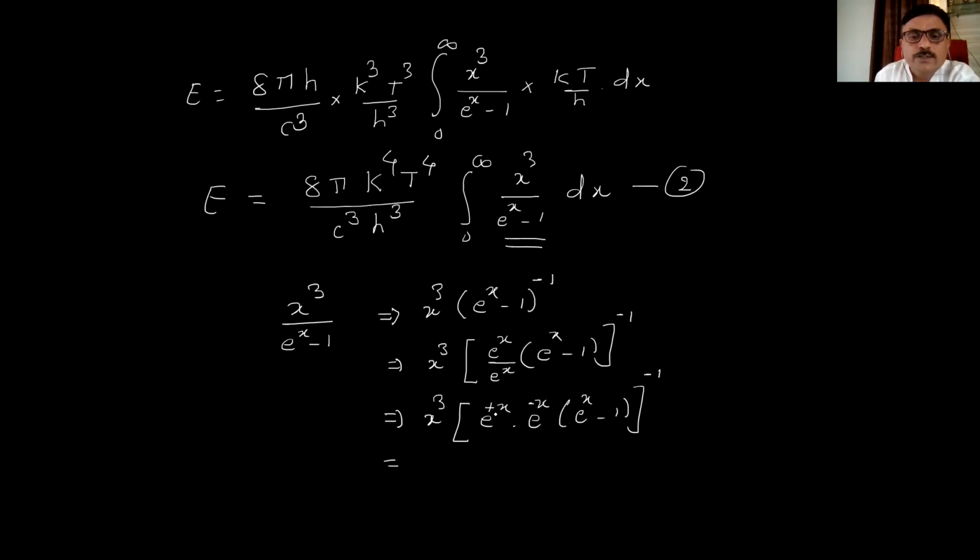So if I take the e raised to x raised to minus 1 outside the bracketed term, it will be x cubed into e raised to minus x, into, if I multiply e raised to minus x inside, e raised to minus x times e raised to x is e raised to 0, and it will be 1 minus e raised to minus x, raised to minus 1.